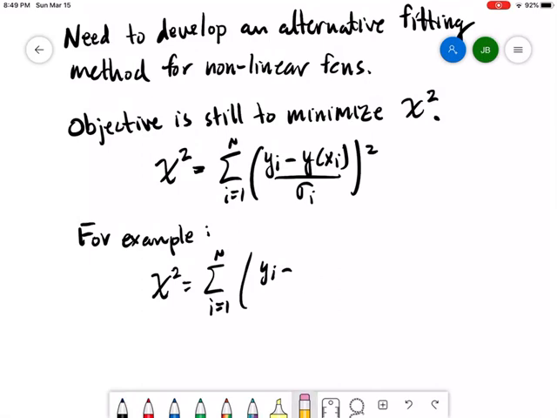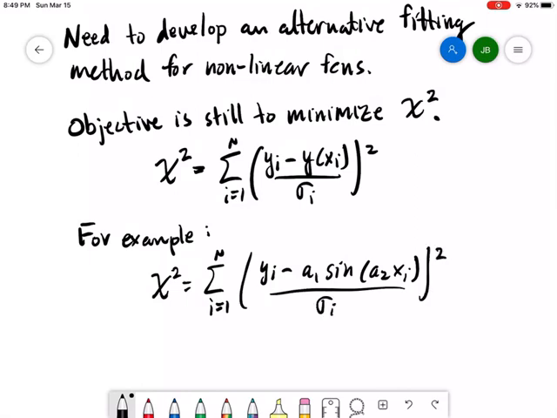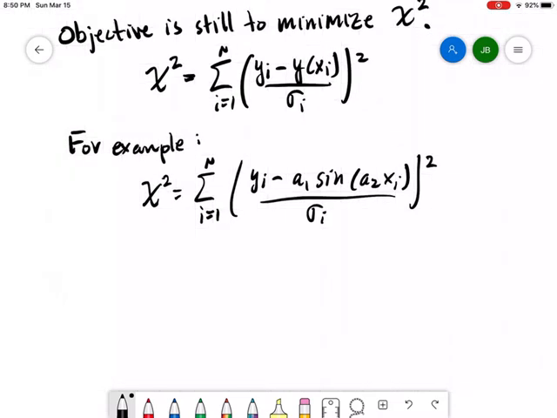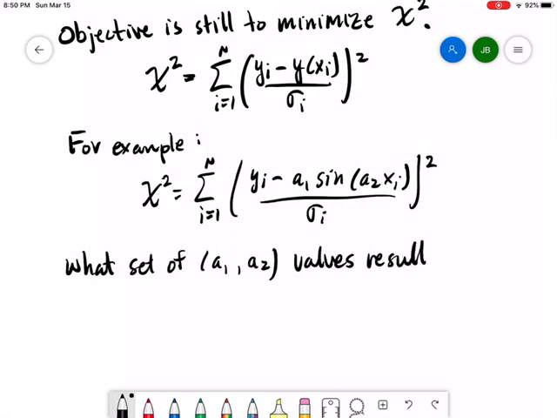So I want to put in our sine function: a1 sine a2xi over sigma i squared. The question is really, what set of a1, a2 values result in the minimum chi-squared?